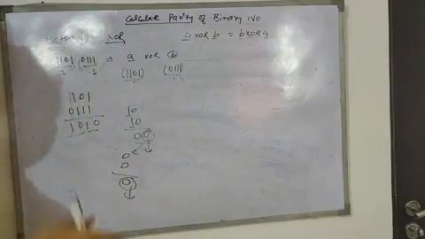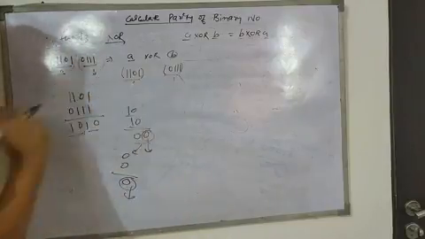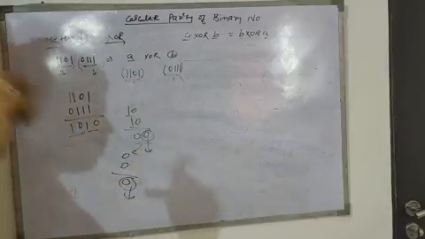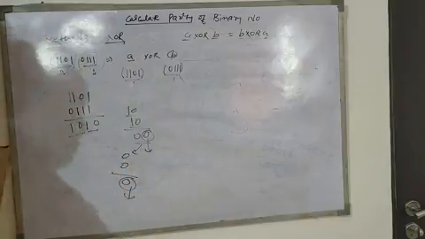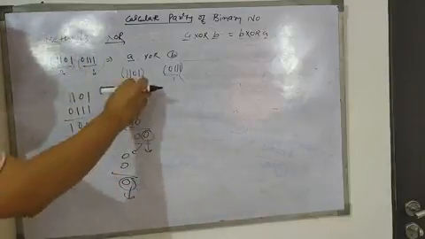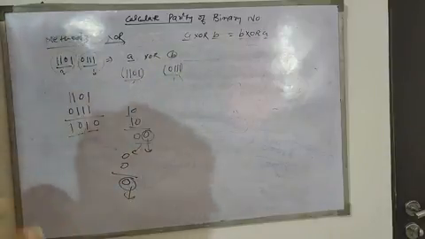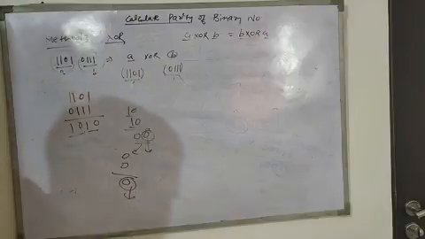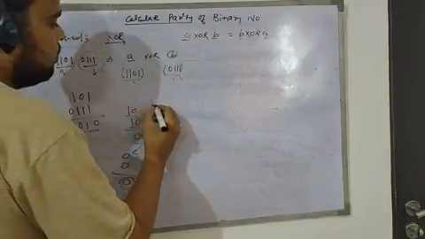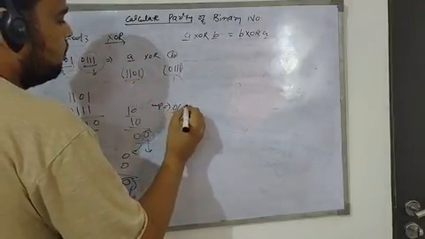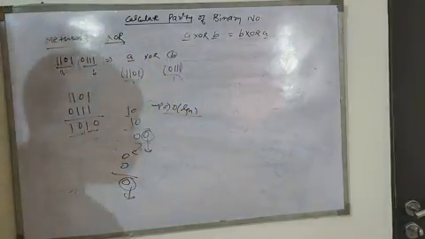What does it mean? If I calculate the parity of these two numbers and do XOR, that will always be equal to the parity of this number. So I did the XOR and calculated the parity, dividing the problem into two subparts. Every time I am dividing the problem into halves. So the complexity for this is order of log n.